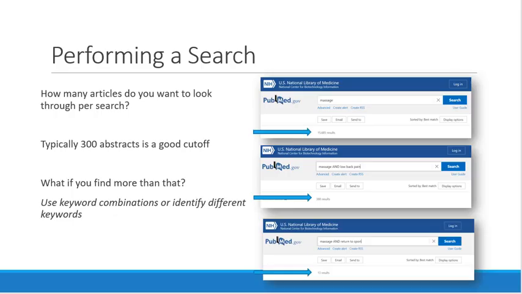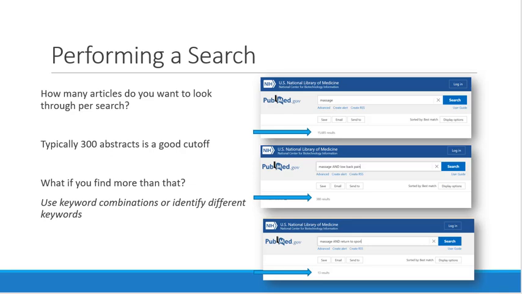So performing a search. How many articles do you want to look through per search? I gave the example previously about low back pain. Massage is another good example. If you take a look at massage, the very top little snippet there from PubMed, 15,685 results.